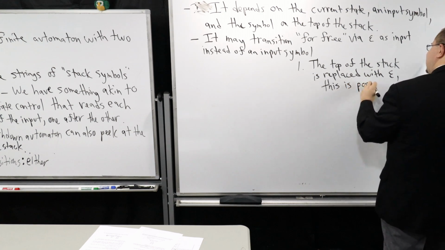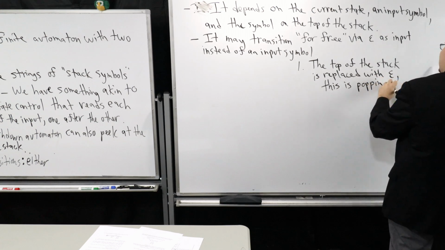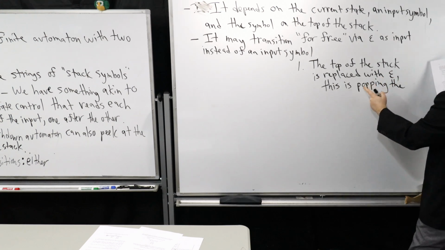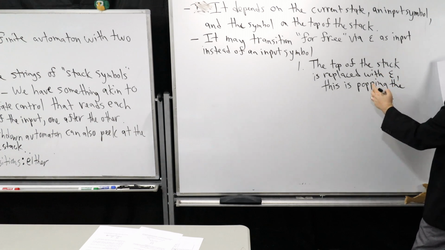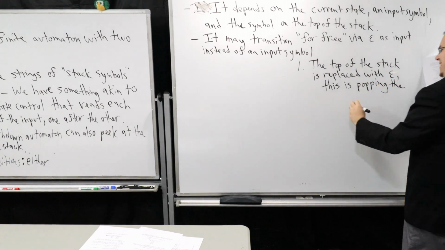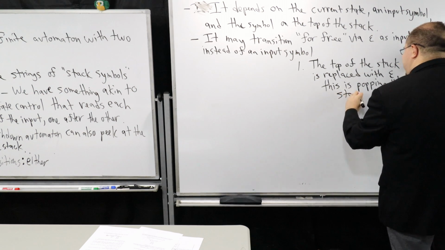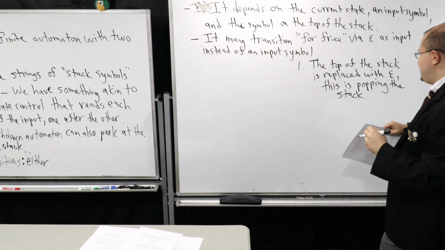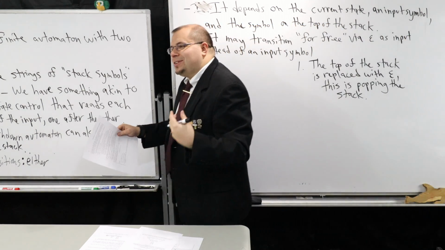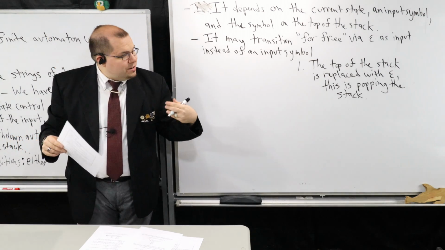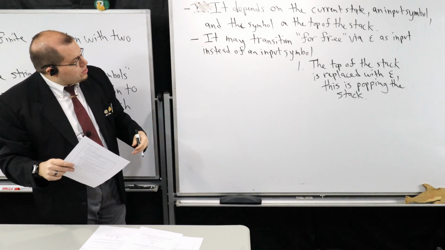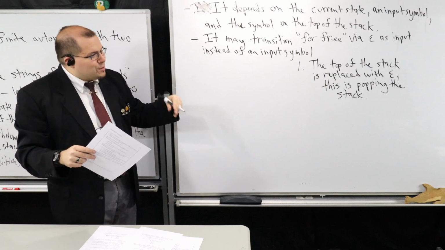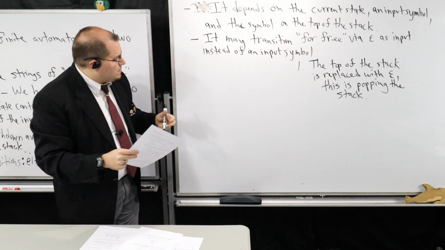This is popping the stack. And make sure you use the correct number of P's and O's here. I'm terrible. So if you have a transition for which an epsilon occurs for the stack symbol at the top, it means it's going to pop the stack.